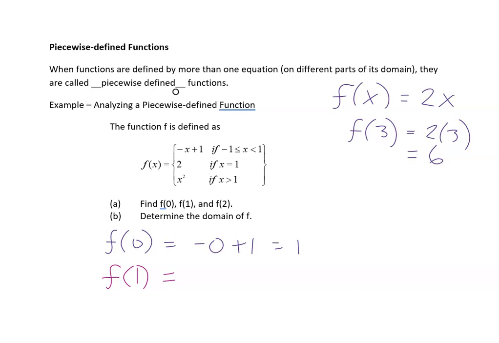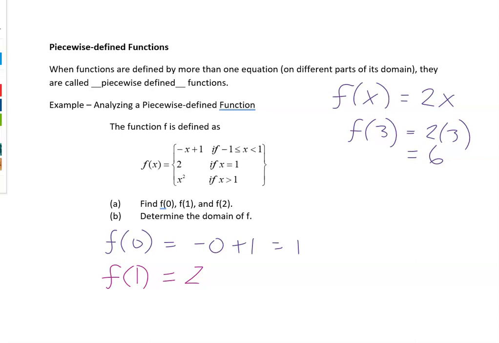Well, hopefully everybody recognizes that 1 is equal to 1, which means that we will use the middle piece of definition to evaluate f of 1. And you'll notice there's not an x in that middle piece of definition because regardless of x, if it falls here, then the output is simply going to be 2. So f of 1 is equal to just 2.